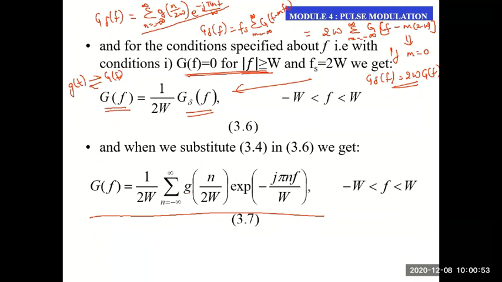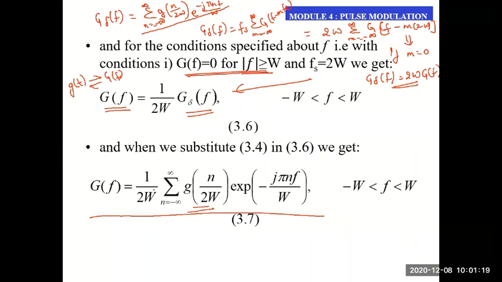And from this, our interpretation is: if the sample values are given by g of n by 2W for any signal g of t, you take the sample values g of n by 2W for all n, from minus infinity to plus infinity.